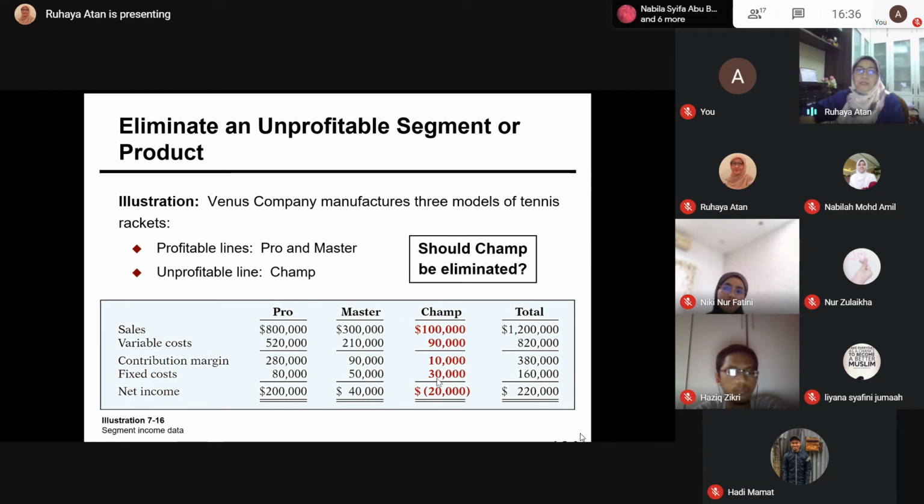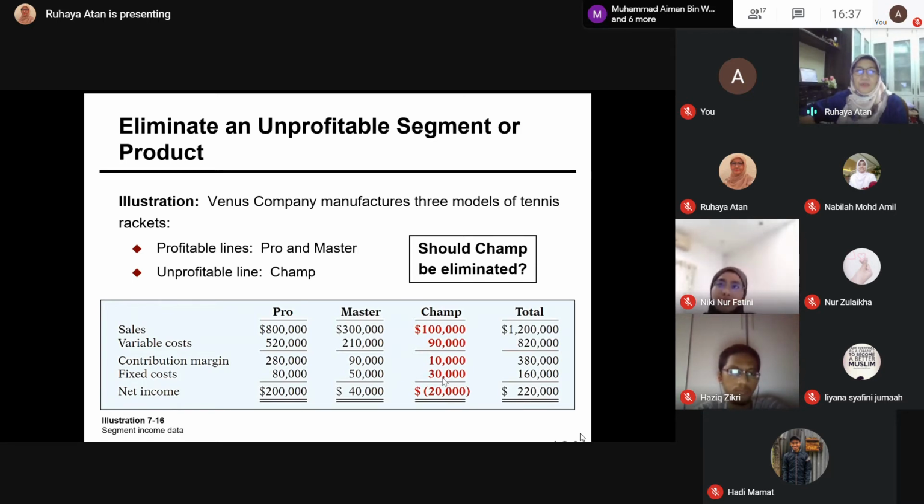You find that from this income statement, Champ is not doing well, is not making profit compared to the other 2. So in total, your net income is reduced by Champ's loss. Okay. So remember, there is fixed cost, and Champ's fixed cost is 30,000.